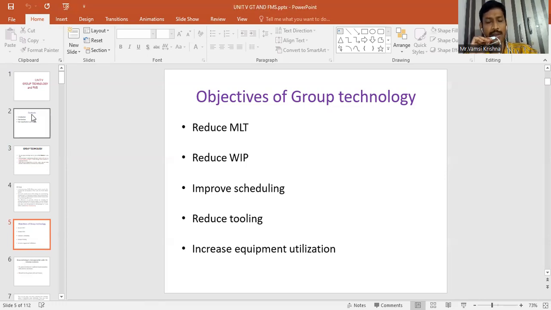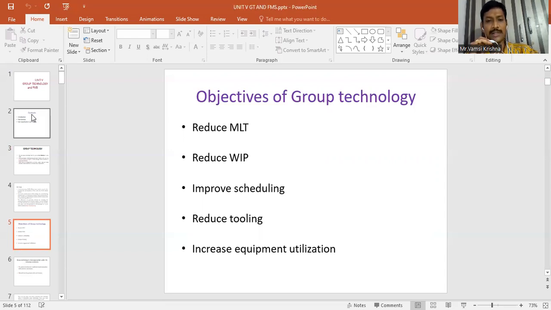That means, let us say you have 10 workstations. In these 10 workstations, you will have machine loading and unloading. The time required for machine loading and unloading is called lead time, or what we can call the mounting time. So that is about the machine lead time. It has to be minimized or reduced as much as possible. That is the first objective.